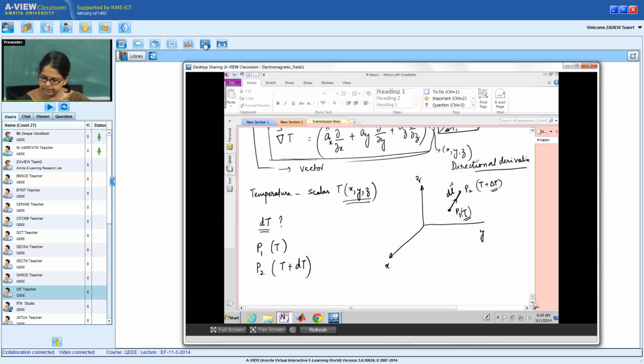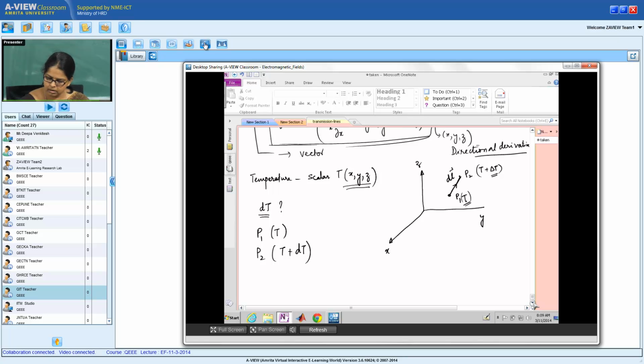The way you want to do it is, because I have maybe only 2 or 3 classes left, I will not do the detailed derivation, but I'll tell you the gist, the physics or the understanding part of it, the physical meaning part of it. dT can be obtained as: you calculate del T, the gradient, del T is a vector, del T dot dl.